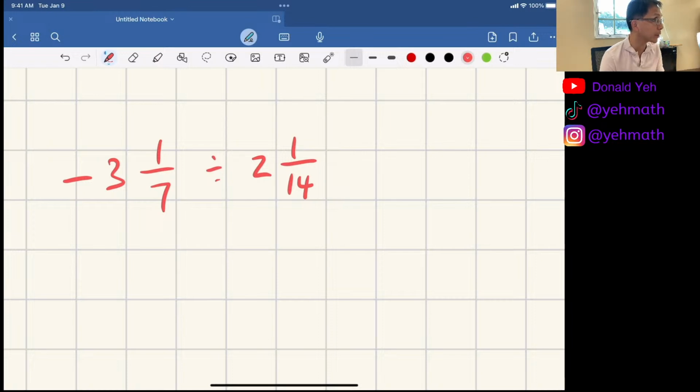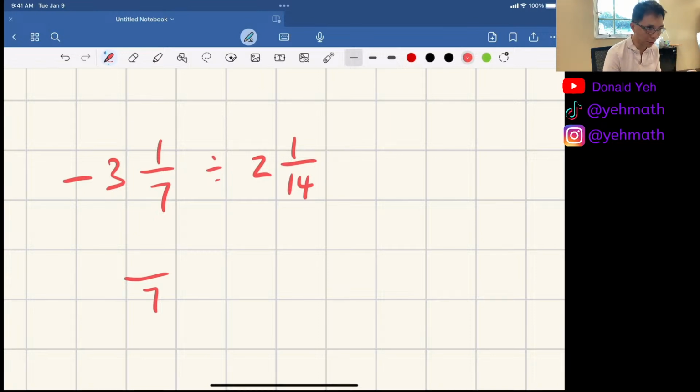Improper fraction. Is that what we're going to say, Ian? Okay, thank you. So how do I make an improper fraction? A lot of people don't know how to make improper fractions here, which is very scary. But you do not worry about the negative sign first. What people usually get wrong and drive me crazy is that they don't know how to convert a simple mixed number into an improper fraction.